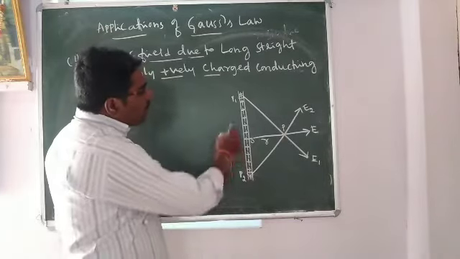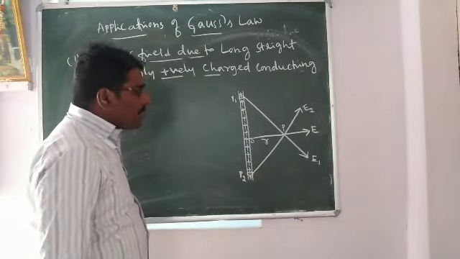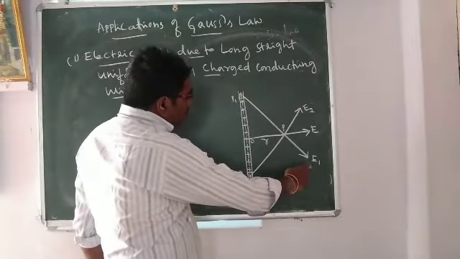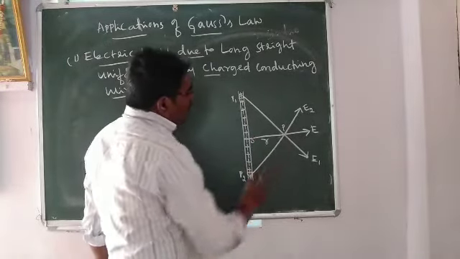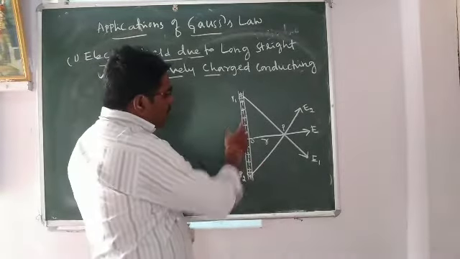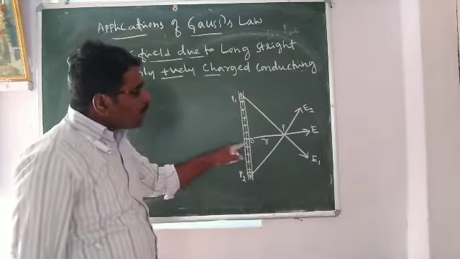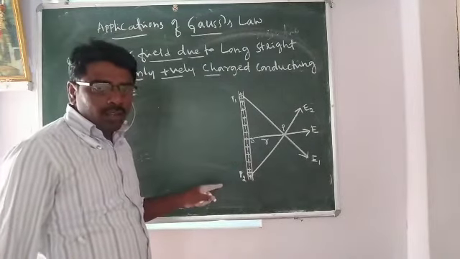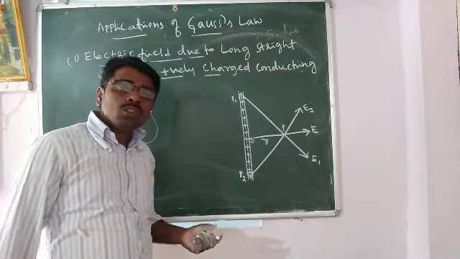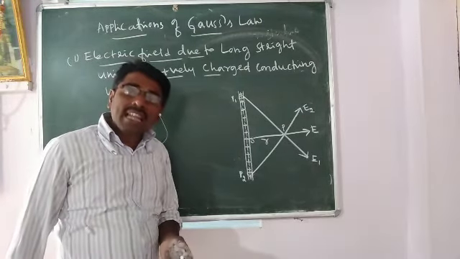The resultant electric field is always in the radial direction, the combined effect of electric field due to P1 and P2. For any charged conducting wire, the electric field is always normal to the surface in the radial distance.